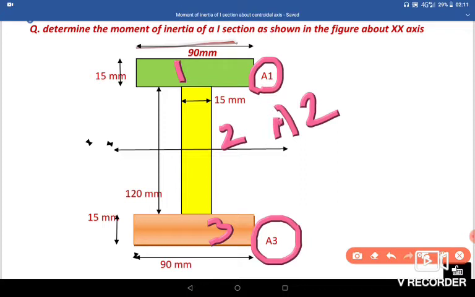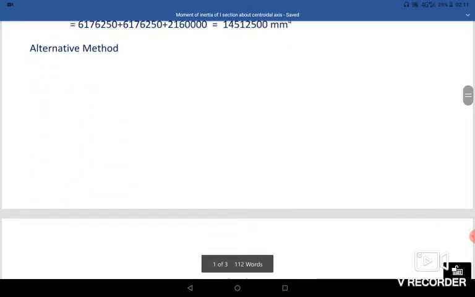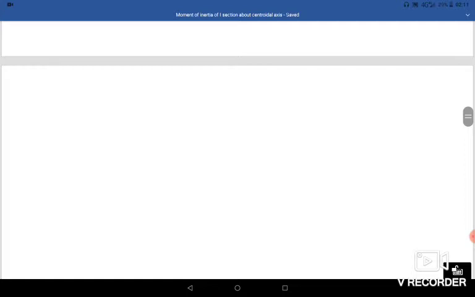Therefore the cross sectional areas A1 and A3 are the same. So first of all we will calculate the cross sectional area of A1 and A3.